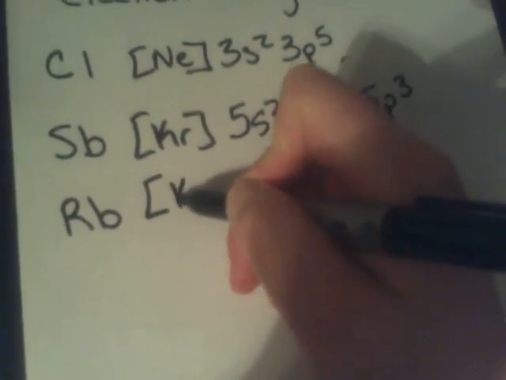Rubidium, no problems there. Let's find it on the periodic table right here. Which noble gas, or what line, was completed? It must have been the line above it, so krypton as well, Kr. So we're going to start with Kr for this one. If you ever played Chutes and Ladders or something and it says skip ahead to this spot, it's sort of like that.